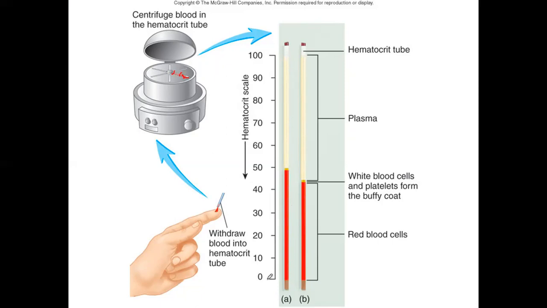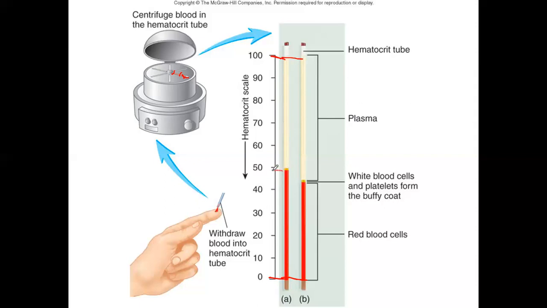So we line up the packed red blood cells with the 0 mark. Okay, it's hard to draw. And then we line the top of the plasma with the 100 mark. And you'll see in lab that it's a scale, if you will. And then you read the interface. So for sample A, what do you think the value is?